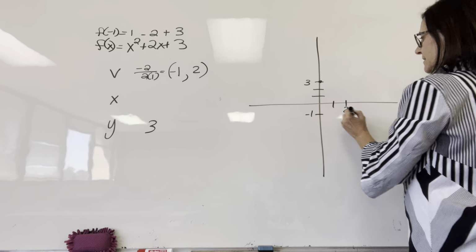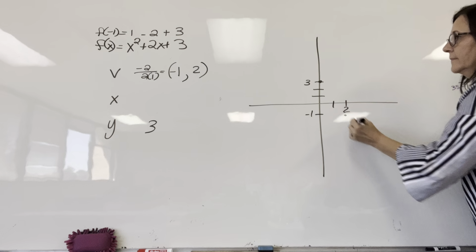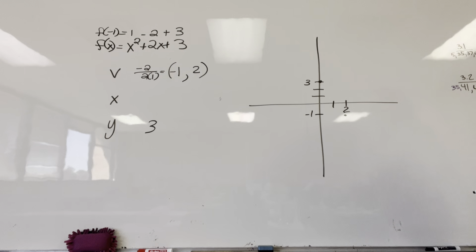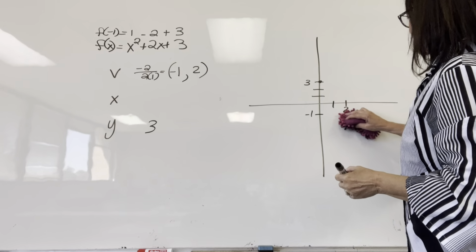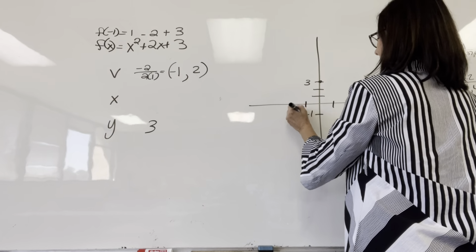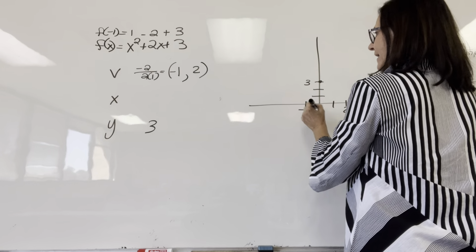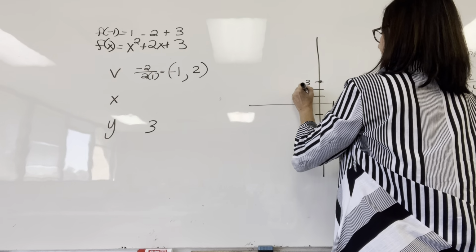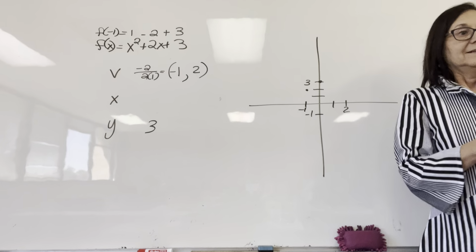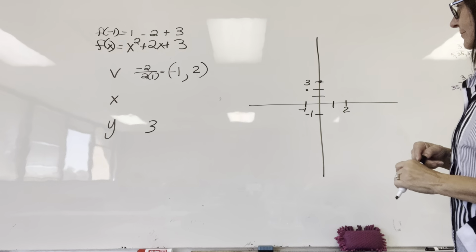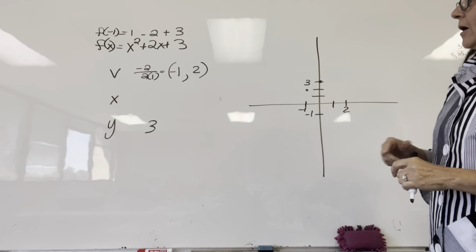All right, here's my vertex. Wouldn't it be negative 1 on the x-axis? Yes. And 2. 1, 2. Wow, that's so close. Yes, thank you. I'm feeling a little dyslexic. Thank you. All right, negative 1, 2.